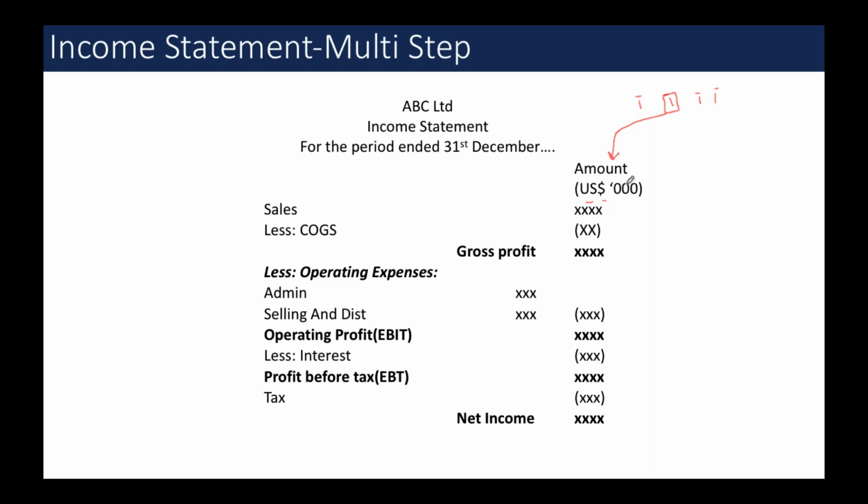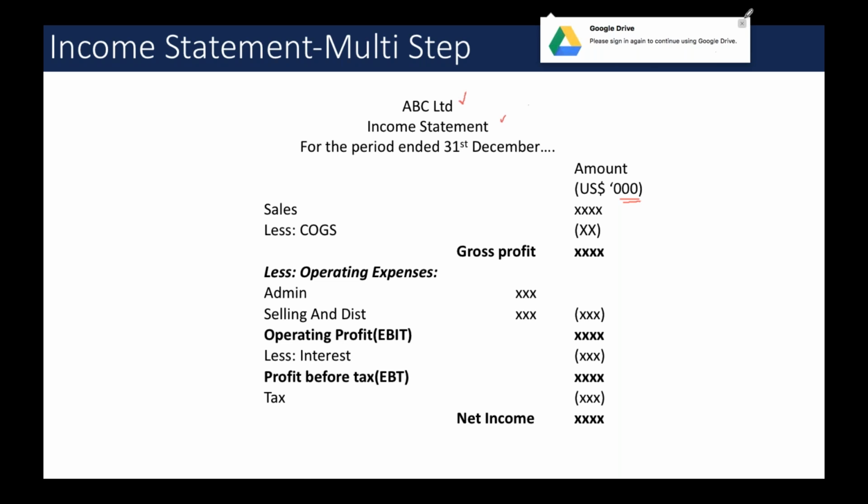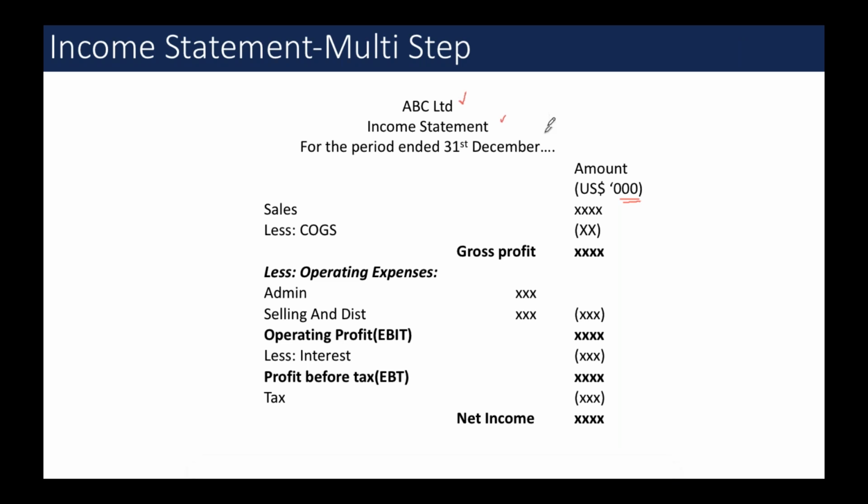If you have amounts in millions, you can round them off using 000. It's common. So remember, name of the company, name of the statement, period of reporting, then reporting currency. Then it begins with your net sales, meaning after returns, cost of goods sold.